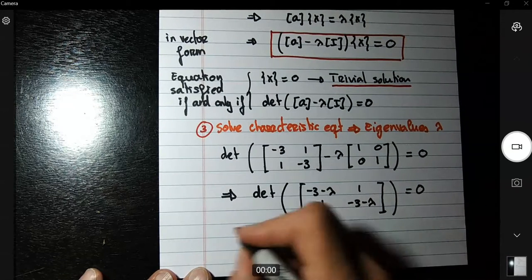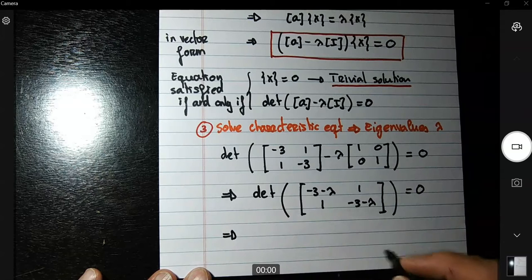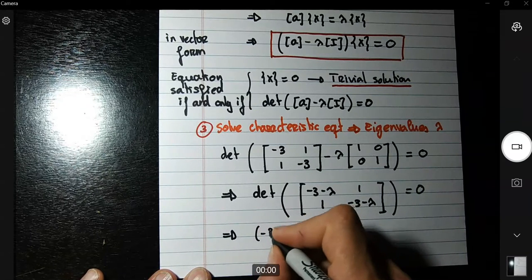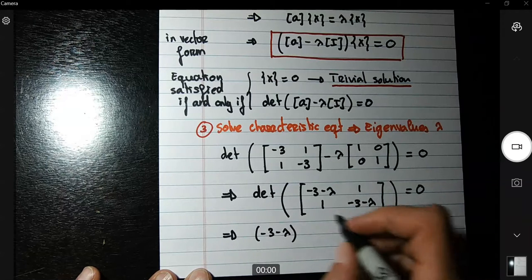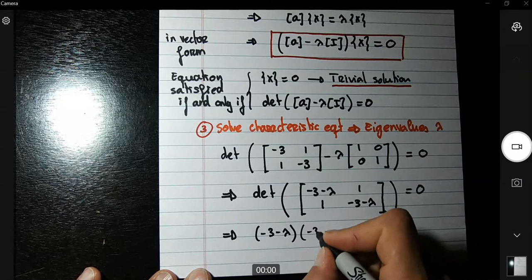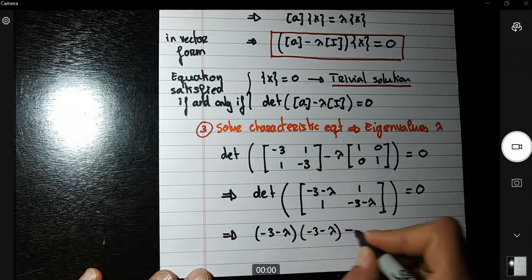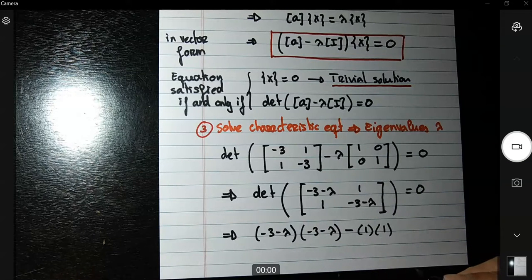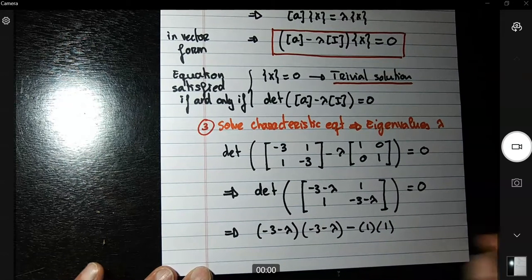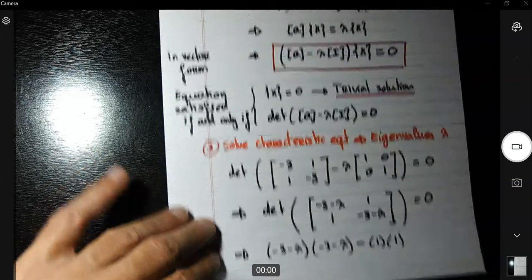So again, this will give us the equation of (-3 minus lambda) times (-3 minus lambda) minus 1 times 1.